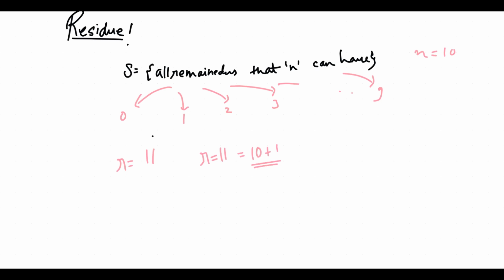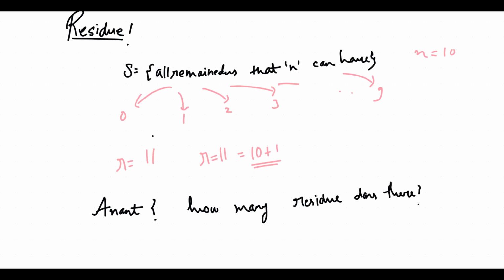Anant, can we generalize how many residue classes there are for a number n? How many can be formed, like remainder 0, 1, and so on? Of course, we can have n minus 1.